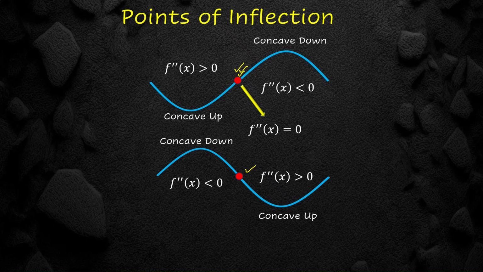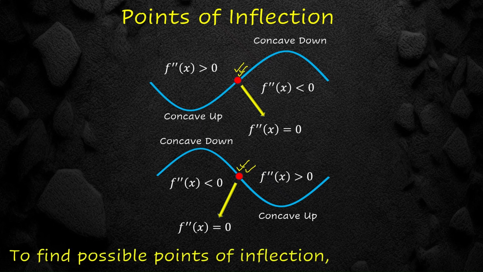But again, as this point is point of inflection, therefore here the curve will neither be concave down or concave up. So at this point, the second derivative must be 0. So we can say that to find all possible points of inflection of a function of one variable, the second derivative must be 0.